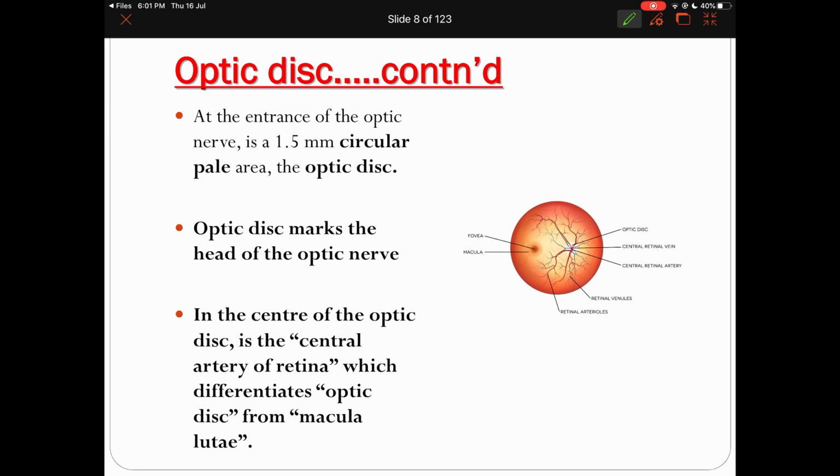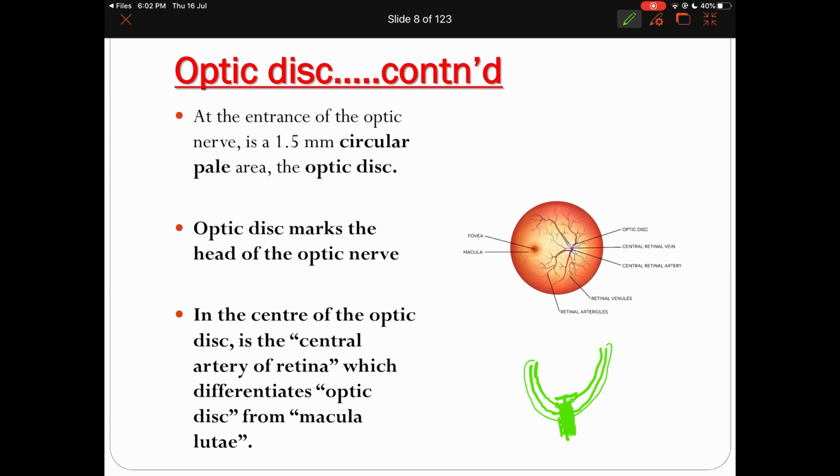That exit is present not just in the sclera, but similarly in the choroid, and at a point in the retina also. It is an exit obviously, because signals are going away from the eyeball. That 1.5 mm circular pale area where the optic nerve fibers exit is called the optic disc.